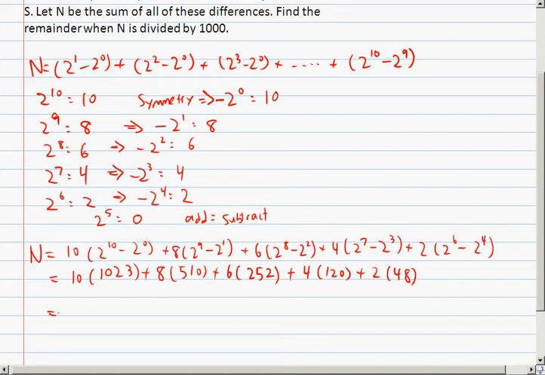Now, we have to find the remainder when n is divided by 1000. In other words, we have to find the value of n in modulo 1000.